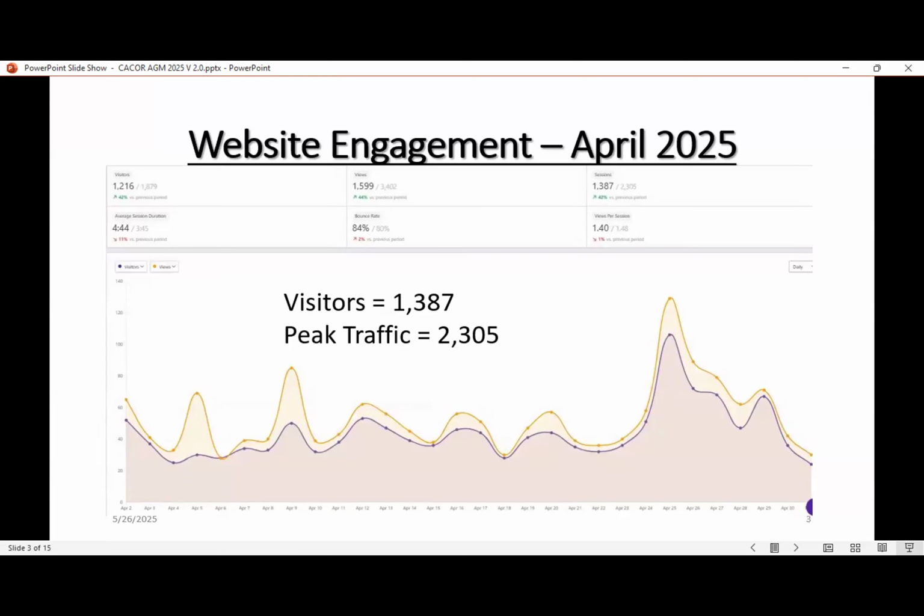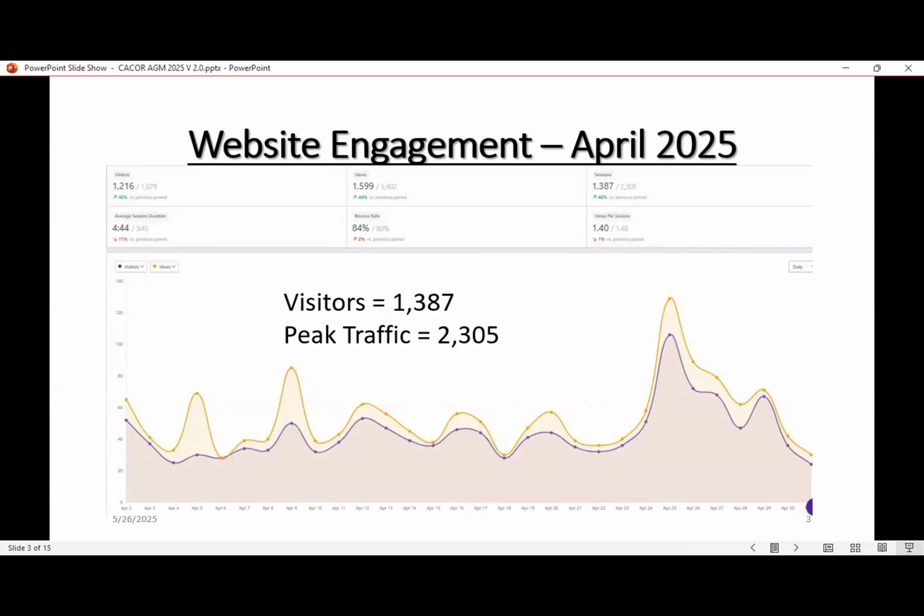Now, there's an awful lot of data that is available, and I wanted to just pick something and make a presentation so you get a sense. I don't know if you can read all the numbers that are there, but for the month of April, we had a total of 1,300 or almost 1,400 visitors.